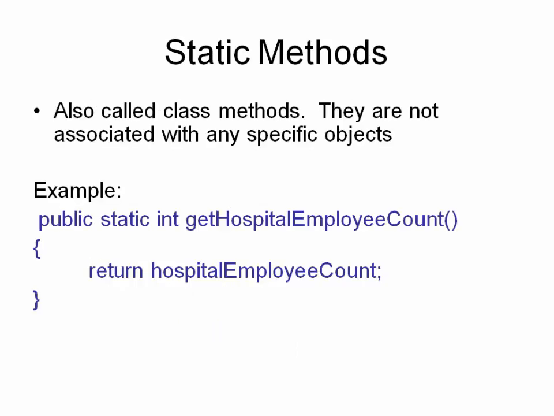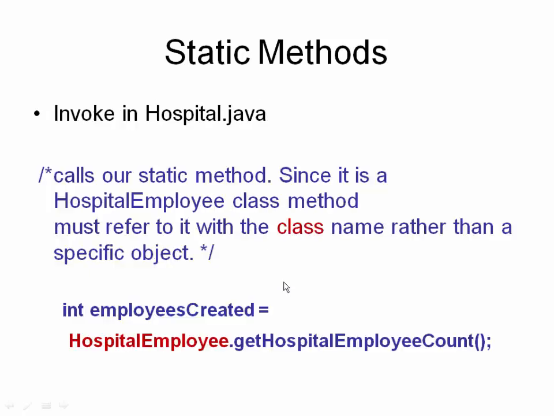Because we made hospitalEmployeeCount private, we need an associated get method, and it's also going to be a static method, and all it does is return the hospitalEmployeeCount. If we want to invoke a static method, and here's an example of invoking it inside the Hospital class, you call the method, and that method's returning an integer, so we're going to put that into a variable called employeesCreated.